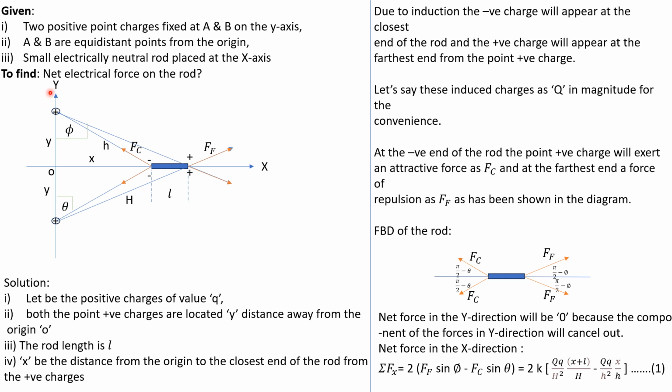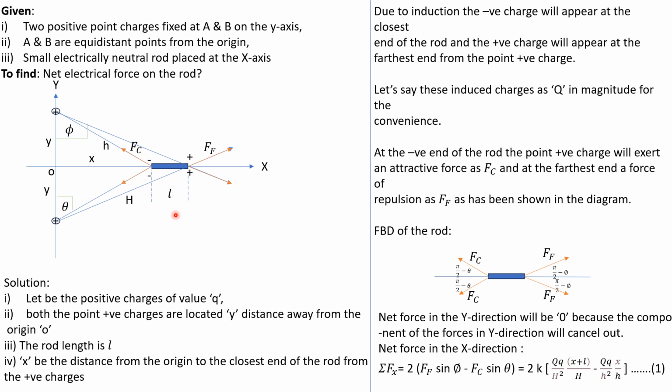Nothing has been given about the positive charge, so we have assumed that this positive charge has a value small q. The rod length we have assumed is L, though in the question it is given it's a small rod, but nothing has been mentioned about its length.